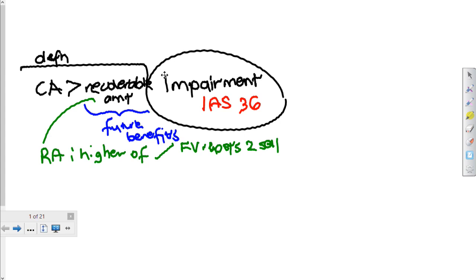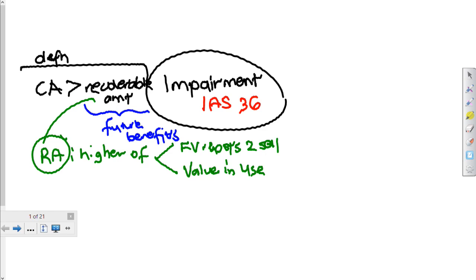Or value in use. So when I have an item of PPE, I have two options with that item. I either keep it and use it and generate cash, or I sell it and generate cash. So when I'm looking at recoverable amount, I look at the higher of the fair value less costs to sell or the value in use.